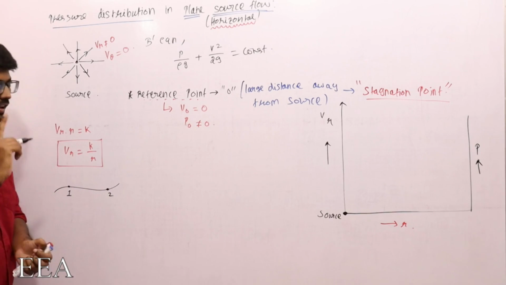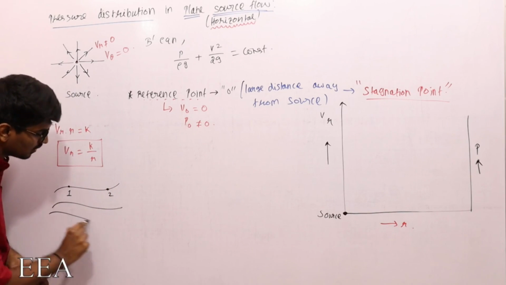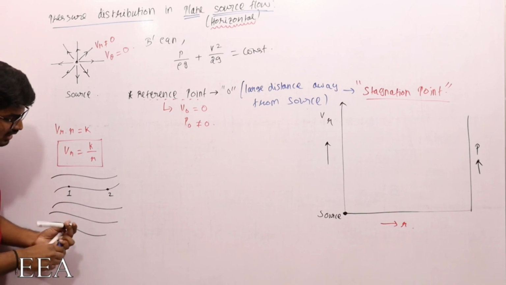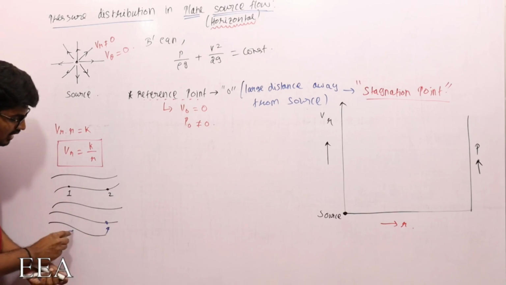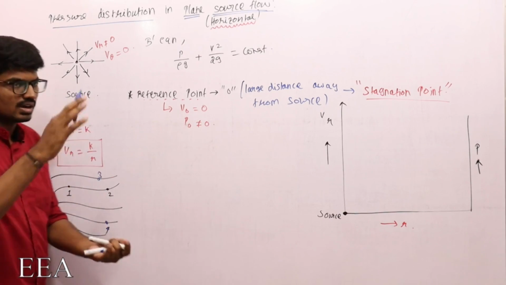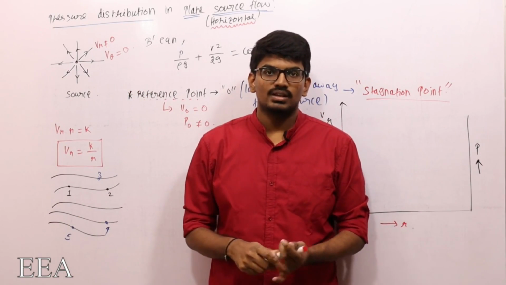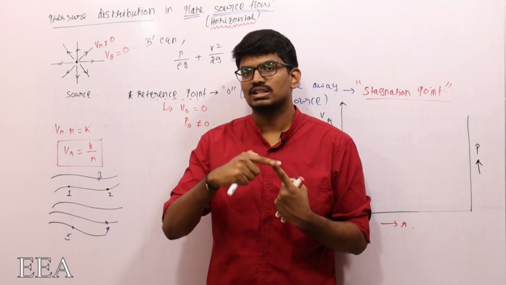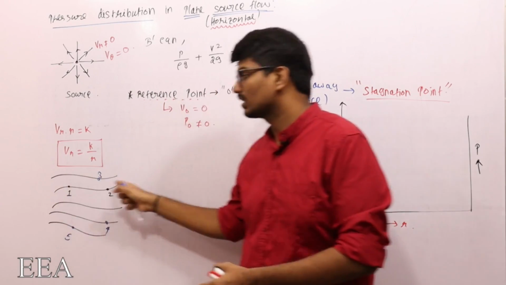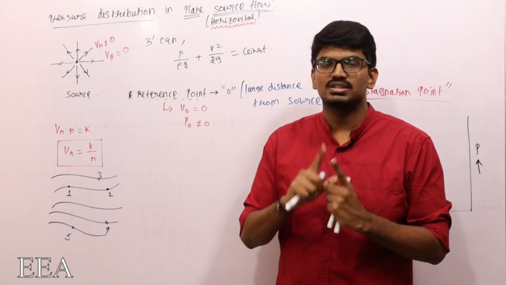But if the flow is irrotational, whatever streamline you take, I can apply Bernoulli's equation between 1 and 4, between 4 and 5, between 5 and 3. I can do whatever I want. I can apply Bernoulli's equation between any two points in the flow field. Rotational, I can apply only along a single streamline. I already gave this in the fluid dynamics chapter itself.